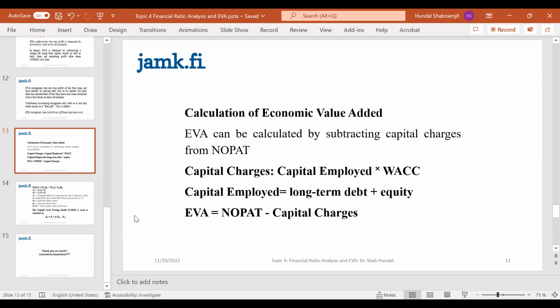It's an outcome of a philosophical debate in which the economists are saying, hey, you accountants are not even counting the cost of equity in the company. So how can you assure that there is transparency and truthfulness? Okay, so this is all about EVA.